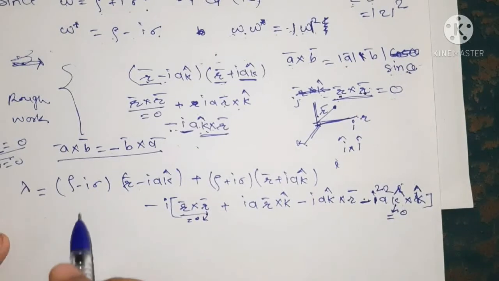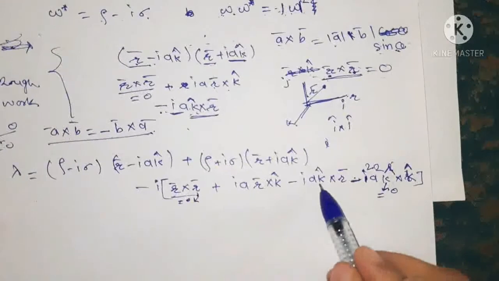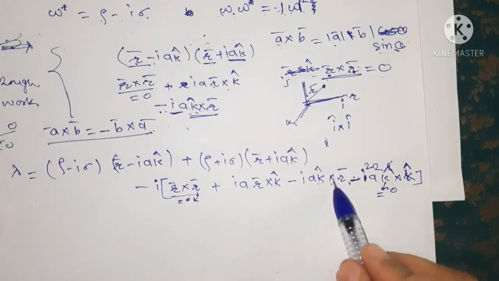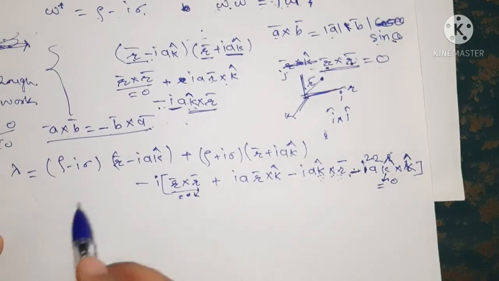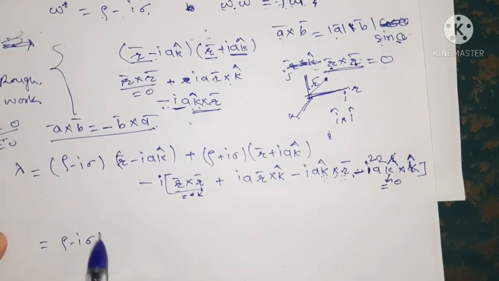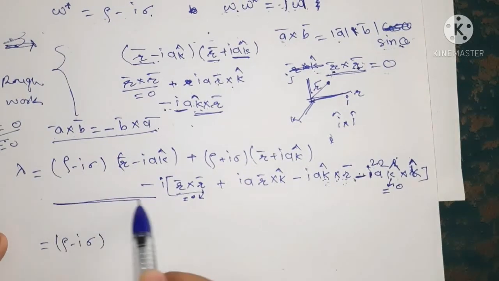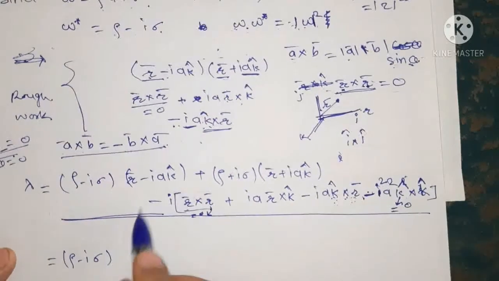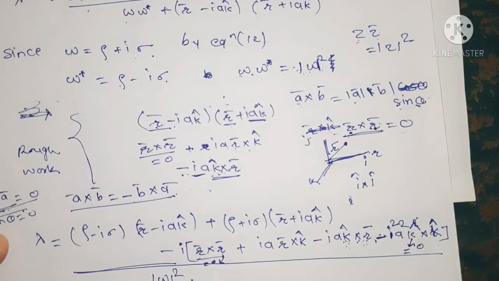We substitute here, and also we write a bar cross b bar equals minus b bar cross a bar. So k cap cross r bar, if we interchange this, then we have r bar cross k cap. Okay, so we write here this as rho minus I sigma, and in the denominator we have w into w star, which will be mod of w square plus r bar minus I a cap into r bar plus I a cap.